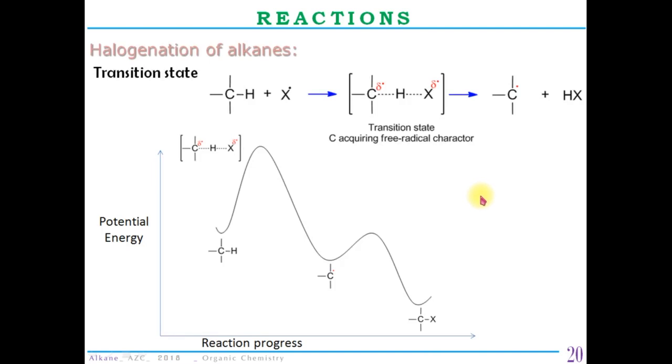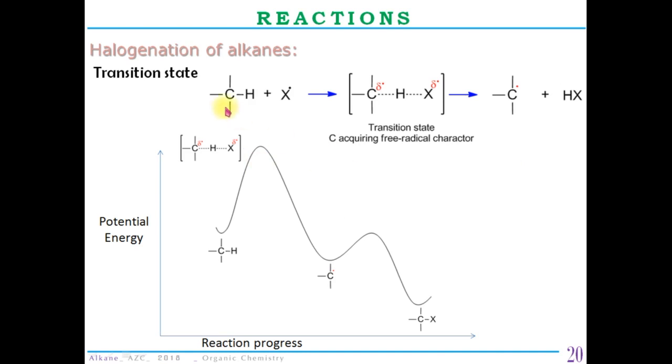Here is the reaction coordinate diagram of halogenation of alkane. Alkane gives first alkyl radical and then we get alkyl halide. The reaction coordinate diagram indicates potential energy versus reaction progress, where we can see the relative energy of our reactant, product and intermediate with transition state, which can also be mentioned with activation energy.